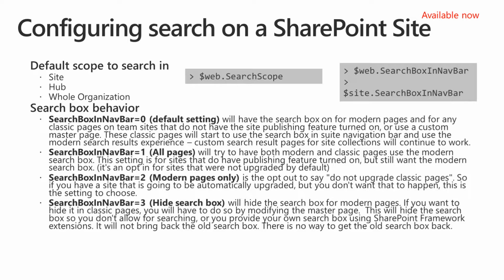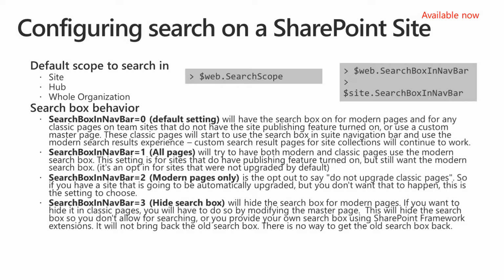Option number 1 is all pages, including classic pages. And this is basically an opt-in, if you will, for those sites that didn't get to upgrade. And this will help you to move to that model of having all pages always try to use the search box in the navbar, even if they're classic and even if some of these features are turned on.